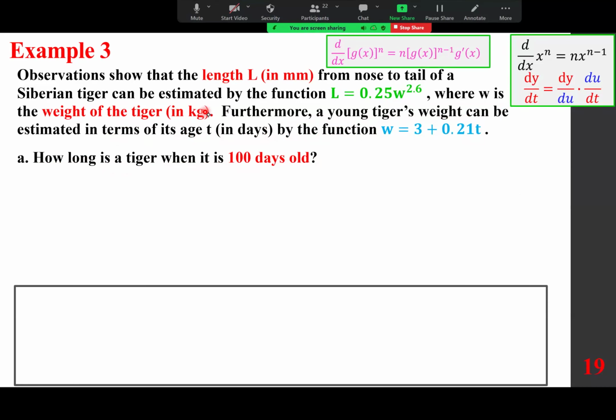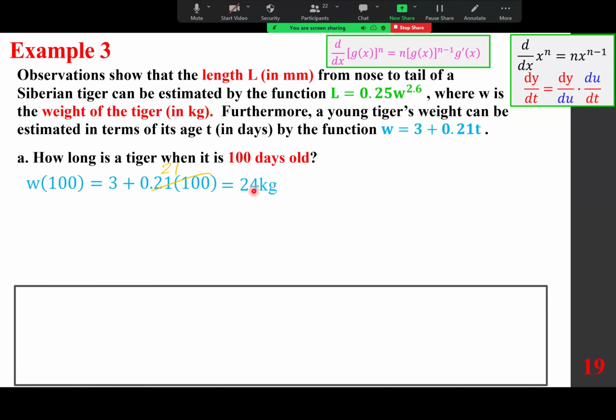So we have two choices. We can find the composite function L as a function of t, or we can work on it just the way it is. We are going to plug in 100 here to find the weight after 100 days. 0.21 times 100, the two decimals and two zeros cancel each other, so this is 21, plus 3 gives us 24 kilograms.